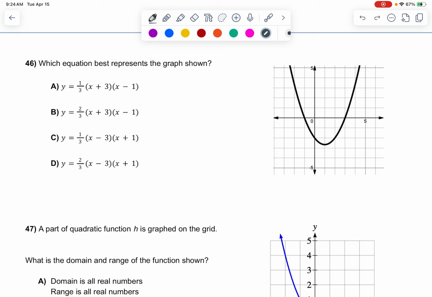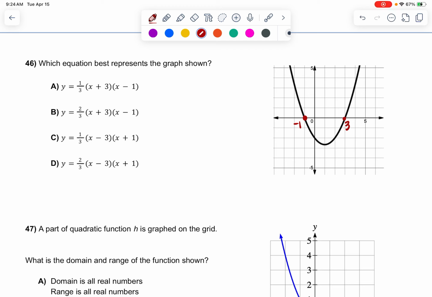So I'm going to narrow it down to 2 options, though. So here we go. It looks like one of our solutions is -1, and this solution right here is 3.